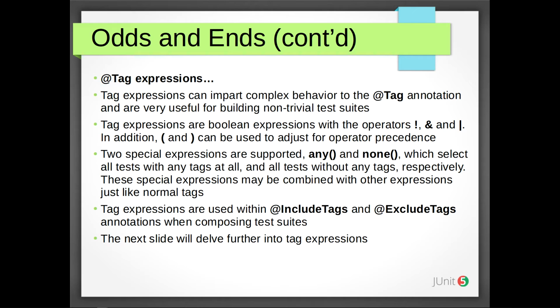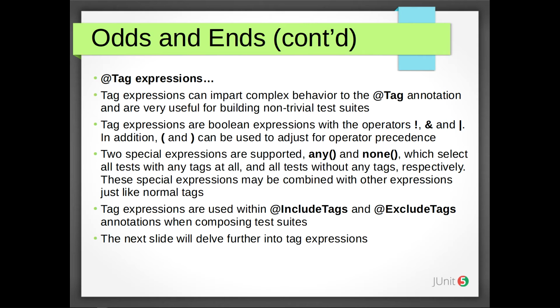In addition, left parenthesis and right parenthesis can be used to adjust for operator precedence. Two special expressions are supported, any and none, which select all tests with any tags at all, and all tests without any tags, respectively. These special expressions may be combined with other expressions just like normal tags.